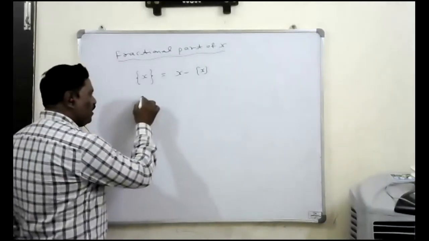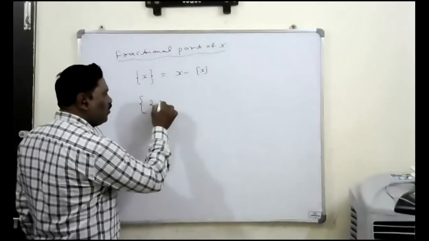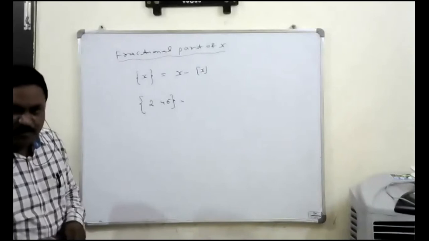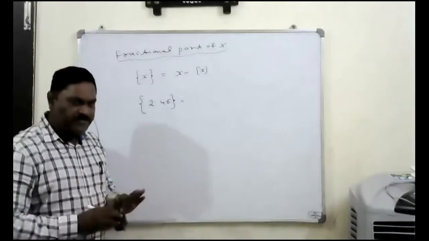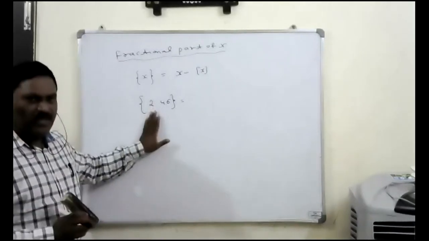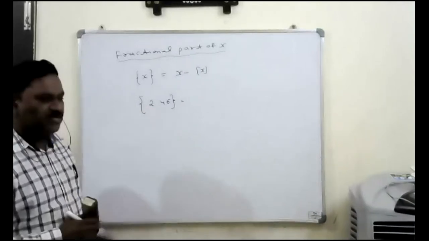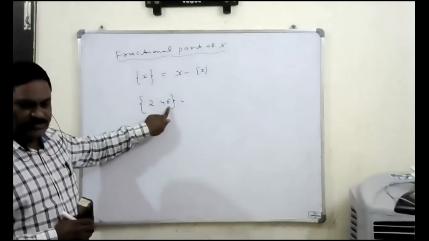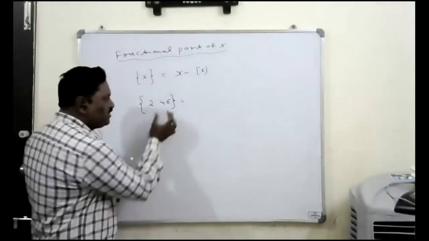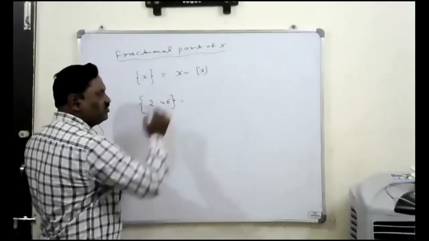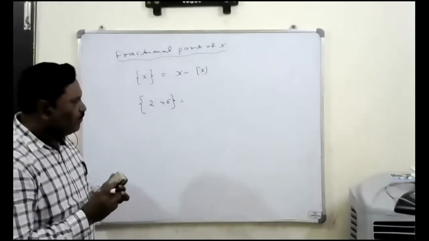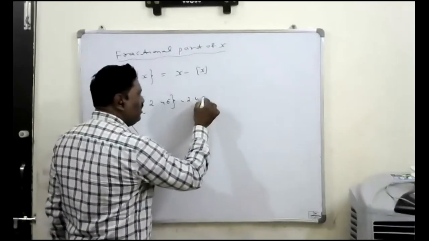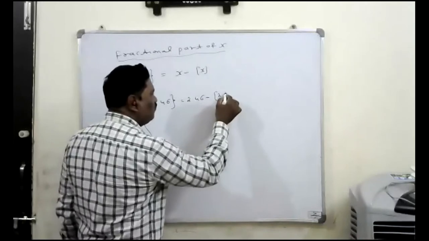Suppose, for example, I want to find the fractional part of 2.46. Leave the integral part, the integer, then what remains? The decimal value, 0.46. It gives only this decimal value but not the integer. So the definition is: from the given number, subtract its integral part.